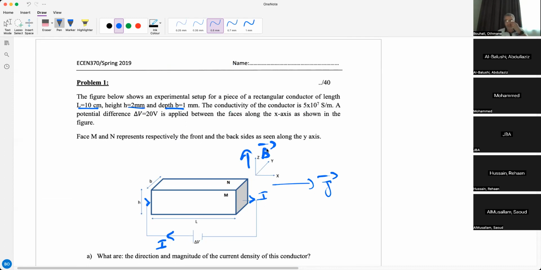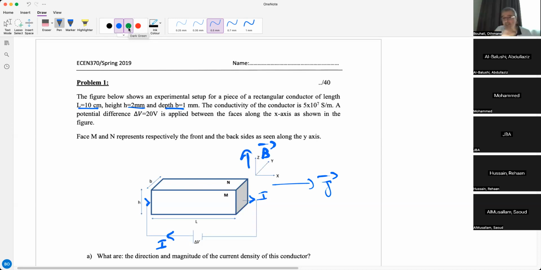Now, who can tell me where is the drift velocity of the electrons? Will it be in the negative y? No, I'm telling you the drift velocity.